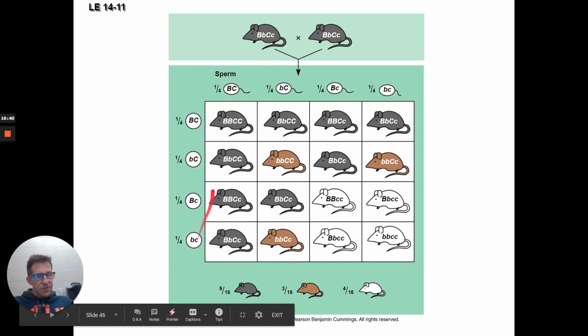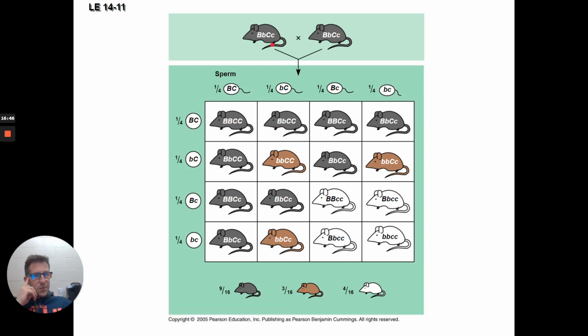Okay, so in class I'd be asking you some questions about this and things of that nature, but I want you to just answer these, pause this on your own. Okay, if we look at this mouse here, so we got these parents. They're both black mice, and they both have color deposited in their hair. We know this because the big B is dominant to the small b, so it's going to have black color, and it has a big C, which means that black color actually gets put into the hair.